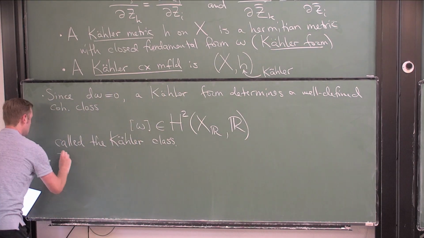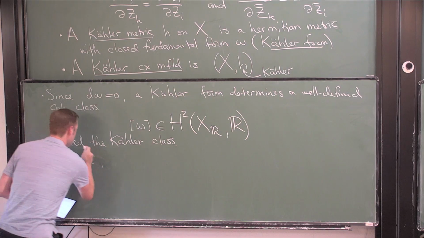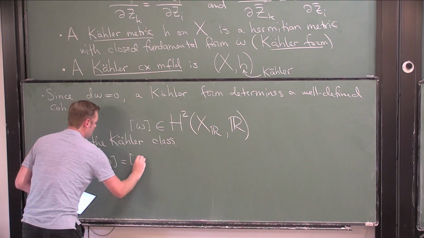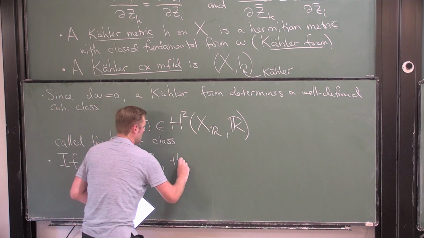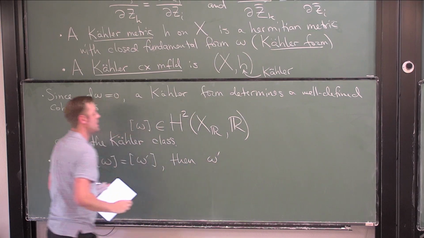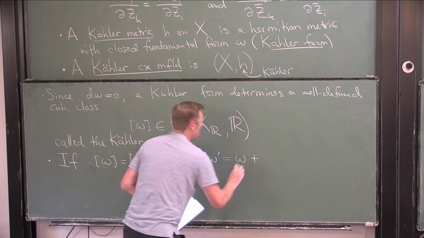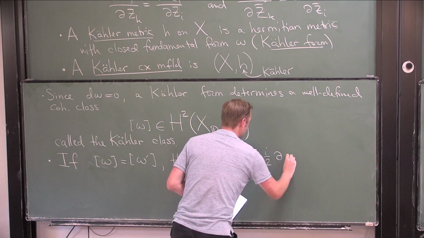So if I have two Kähler forms such that their Kähler classes are equal, then I can express one in terms of the other with a correction term, which is given by something exact.